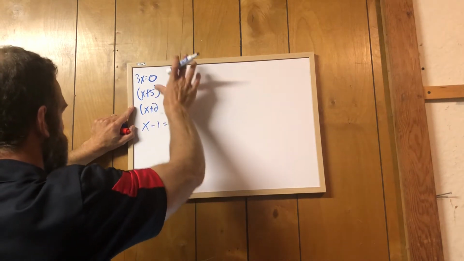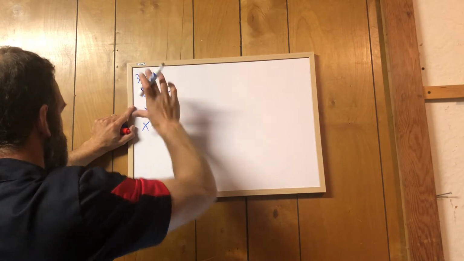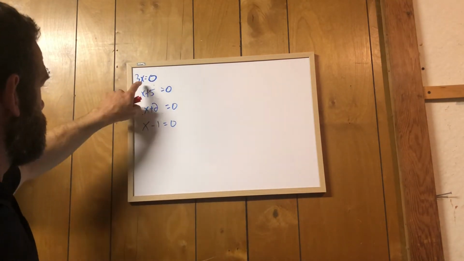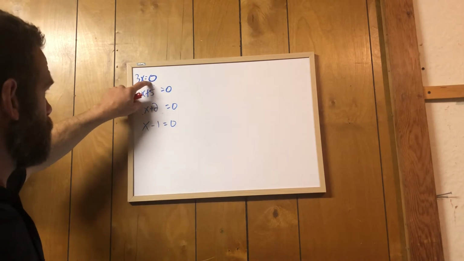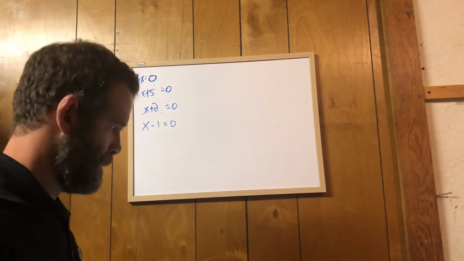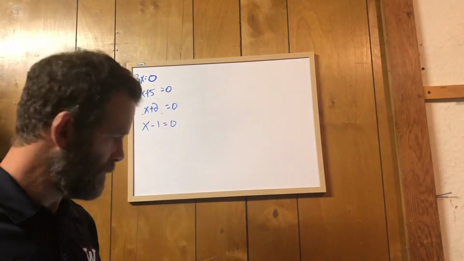I don't need these parentheses. If I solve, divide both sides by 3, you're going to get 0 for a root. You're going to get negative 5, negative 2, and positive 1, because you just set them equal to 0 and solve.